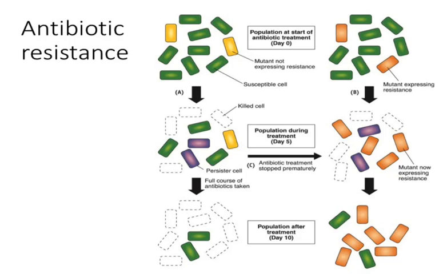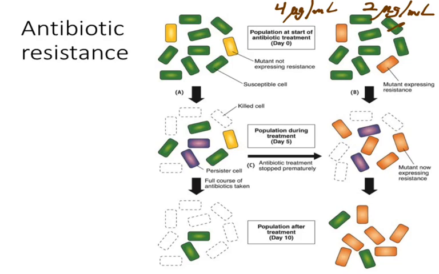So let's say the MIC for this bacteria is something on the order of 4 micrograms per milliliter, and we're only achieving half of that. Well, there are going to be some within this population that are resistant to that concentration.